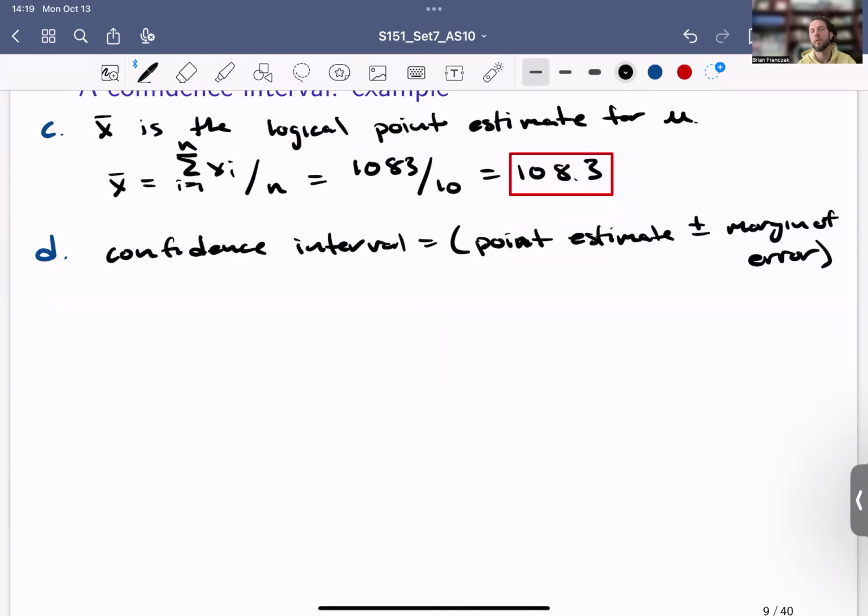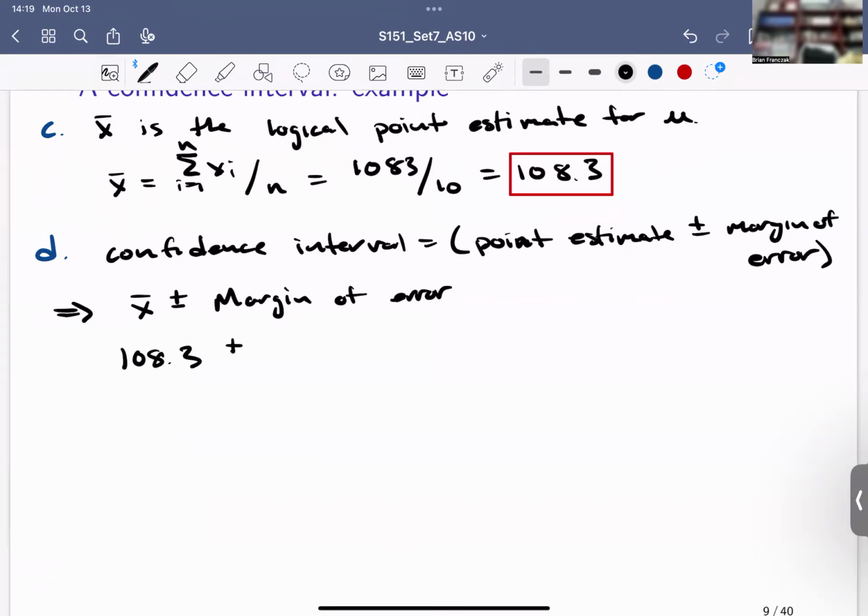Okay. So every confidence interval has this form. So here we have x bar plus or minus the margin of error. So we have 108.3 plus or minus 12.396.